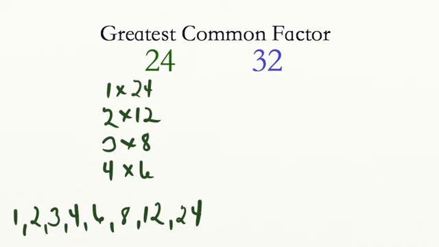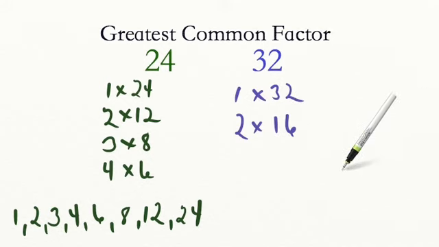Okay, now let's move on and list all of the factors for the number 32. We have 1 times 32, 2 times 16. There isn't any number that we can multiply by 3, so let's move on to 4. We can multiply 4 times 8.